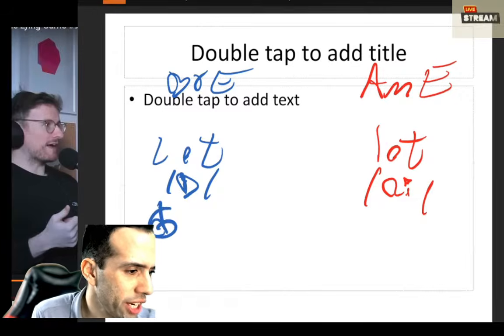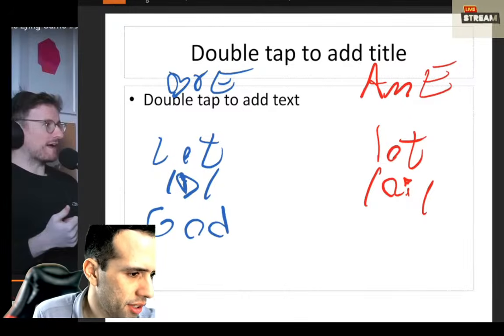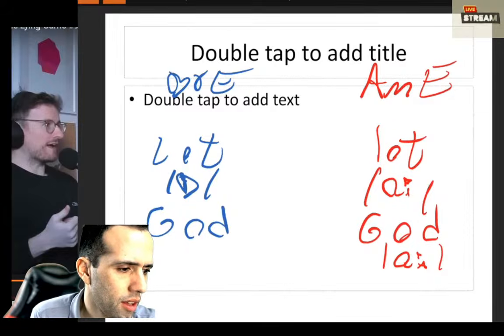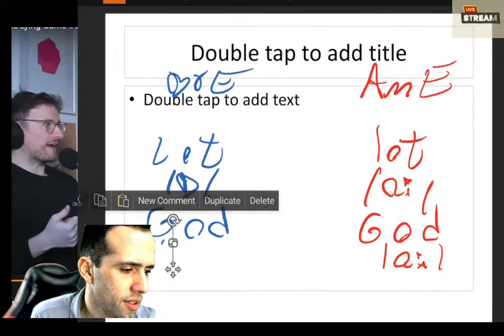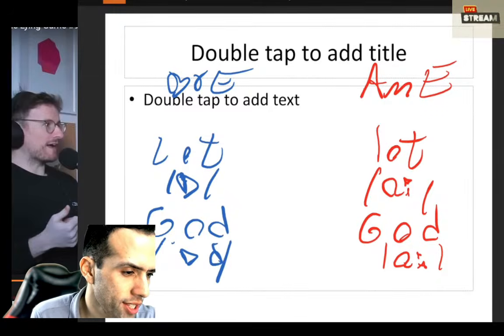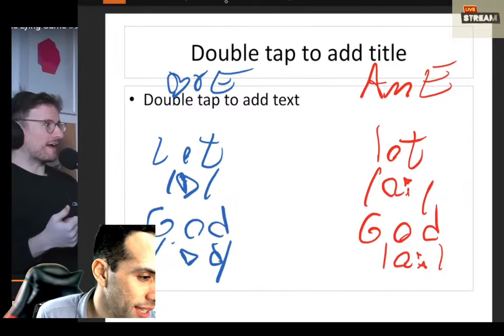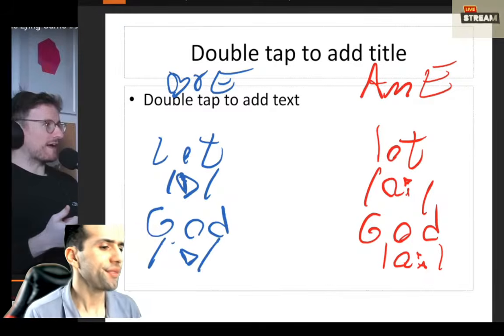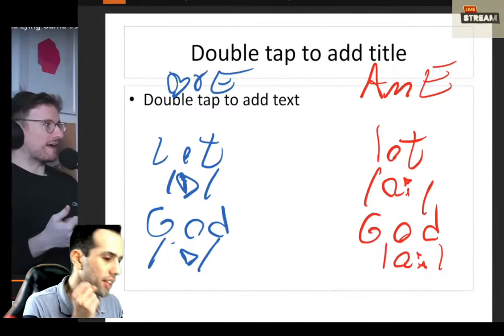This is with capital G. God. British English, you get God. This is God again. Yeah, I'm not sure why I'm writing down the sound, because it's all the same. Lot, lad, God, God.